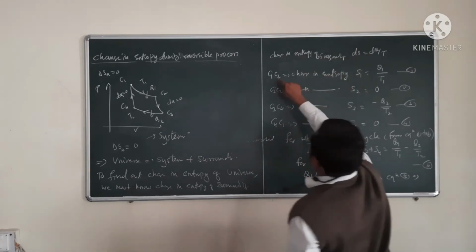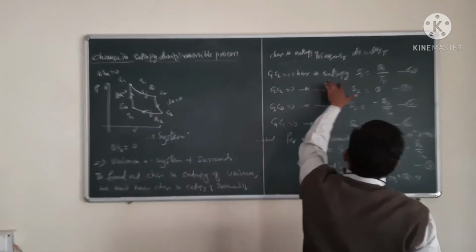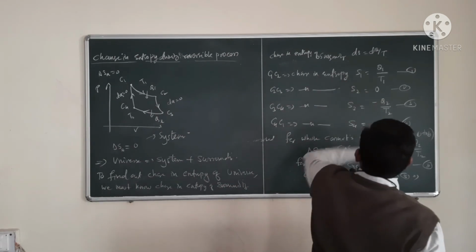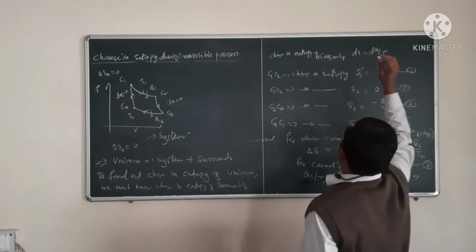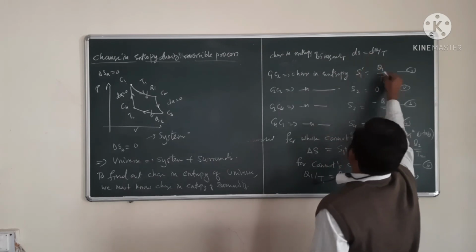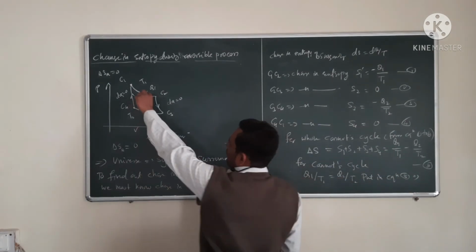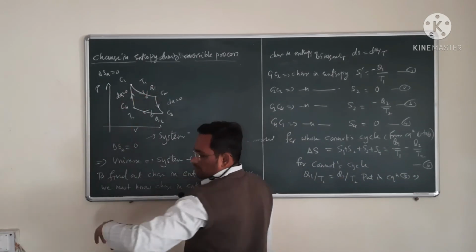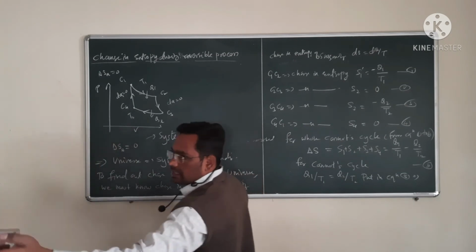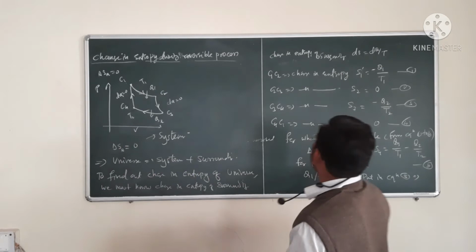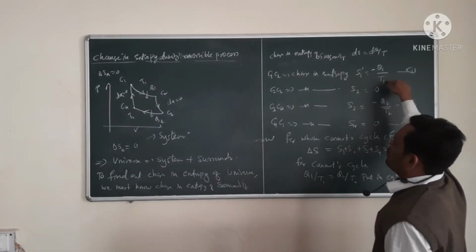Here for C1 C2, during this process, the change in entropy for the surrounding we take the symbol S1 dash. So S1 dash is equal to Q1 upon T1. Here we will get a negative sign. Why? Because Q1 is the amount of heat energy absorbed by the system, which means the surrounding must have rejected it, and when it is rejected we take a negative sign. So here we have S1 dash is equal to minus Q1 upon T1.